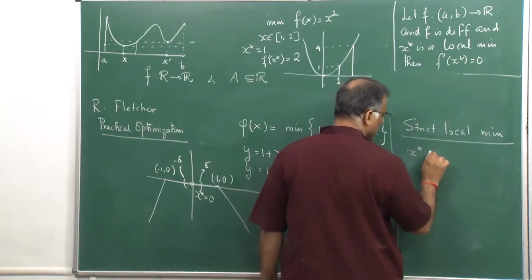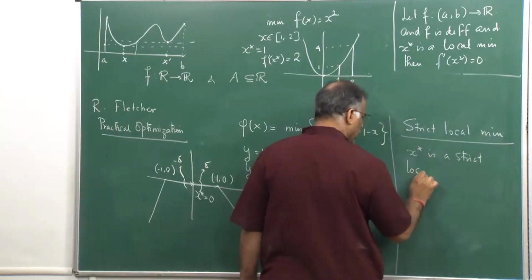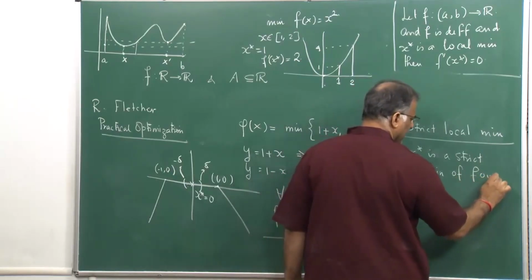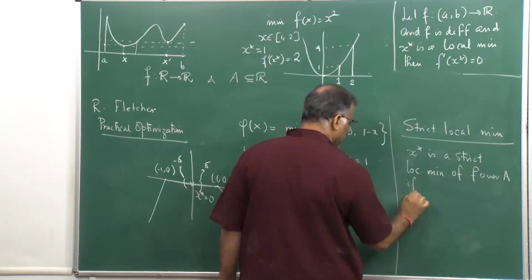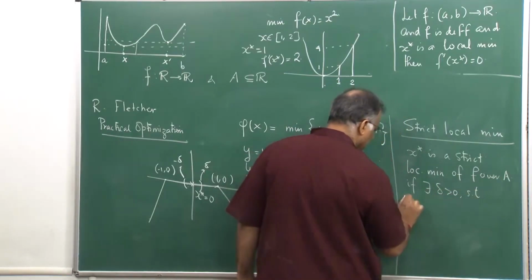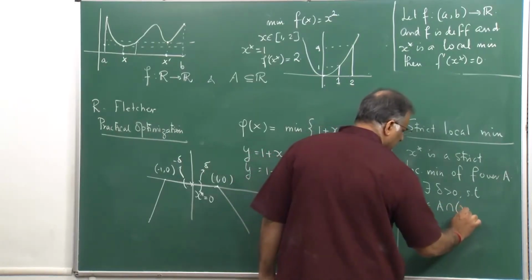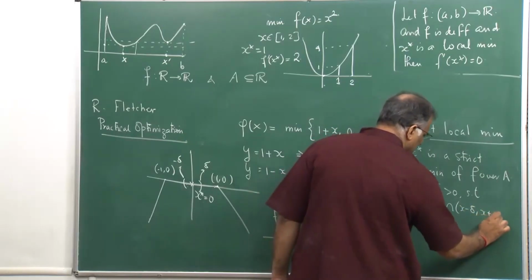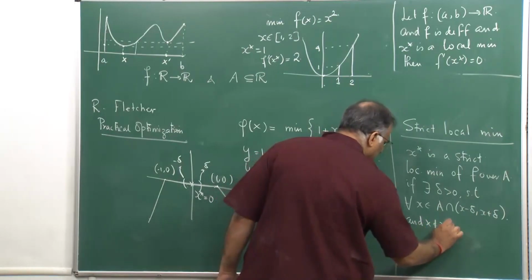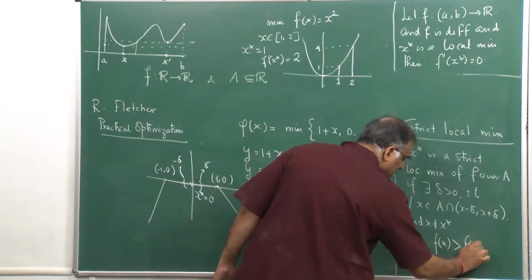X star is a strict local minimum of f over A if there exists delta greater than 0 such that for all x element of A intersection (x minus delta, x plus delta) and x not equal to x star, we must have f of x strictly bigger than f of x star. This is the key idea.